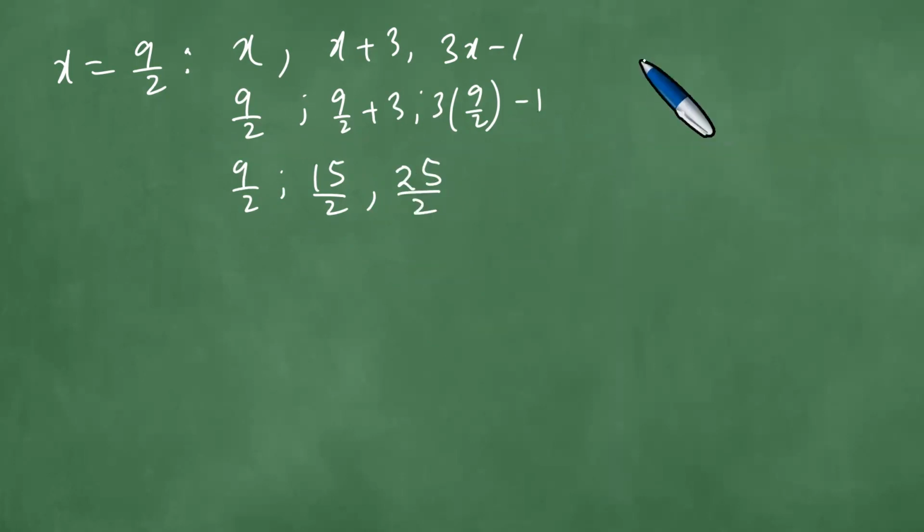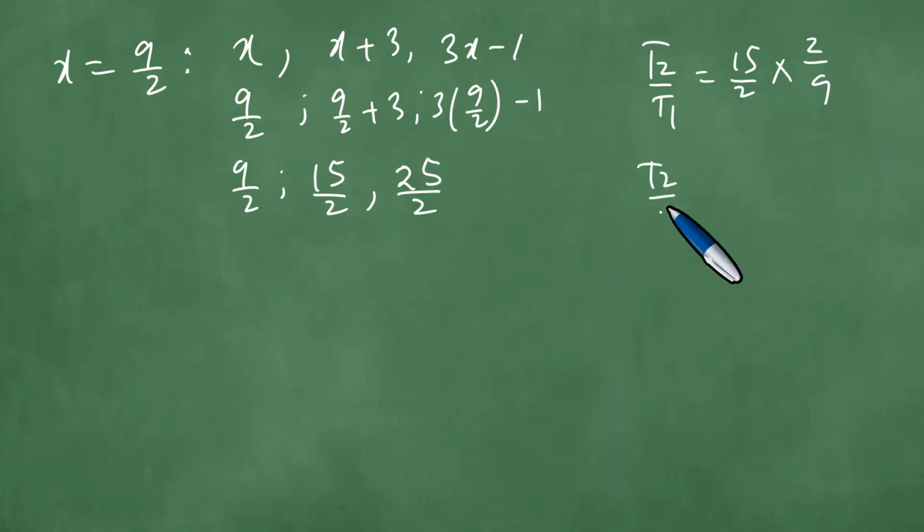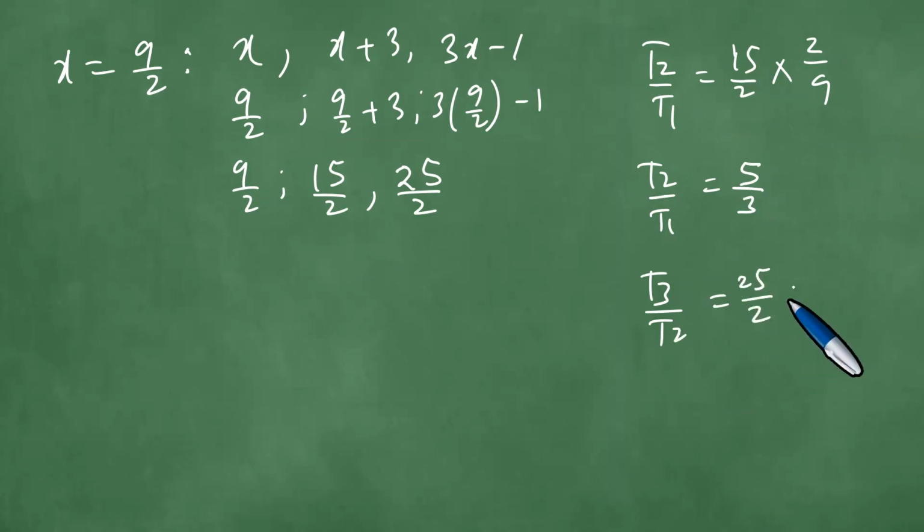Let us check this here in terms of T2 over T1. T2 is 15 over 2. You divide by T1, which is 9 over 2, so T2 over T1 is exactly, okay, divide by 3, which is 5 over 3. T3 over T2. T3 is 25 over 2.